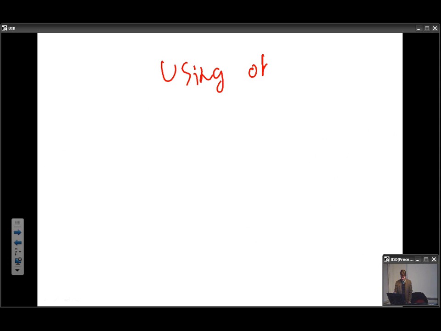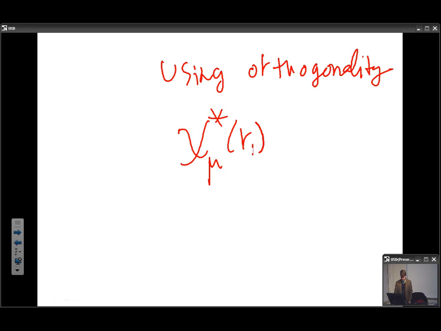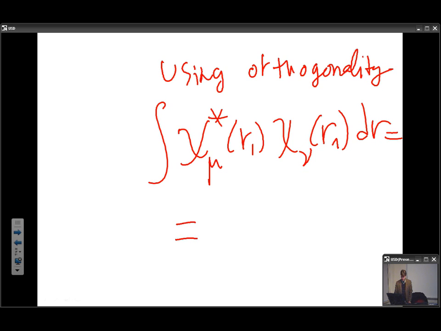We are using orthogonality. We use the fact that multiplying, in most cases, gives just a delta function, so it is either 0 or 1.